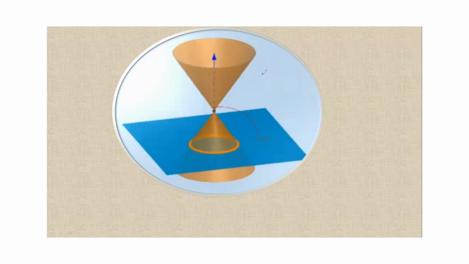Here is a cone. The cone and the plane are perpendicular to each other, and a circle is produced. You know that a circle is a conic section, which is produced by the intersection of a plane and a cone.